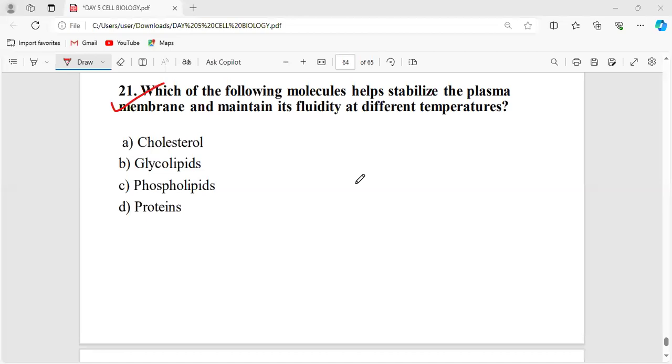Very good. Saturated fatty acids are responsible for the rigidity, because saturated fatty acid is solid at room temperature. It can't be metabolized easily. But unsaturated fatty acid is responsible for fluidity. It is liquid at room temperature.